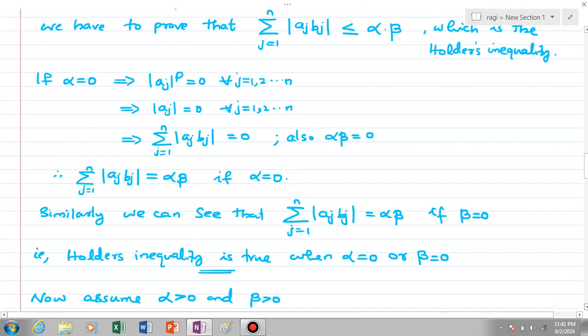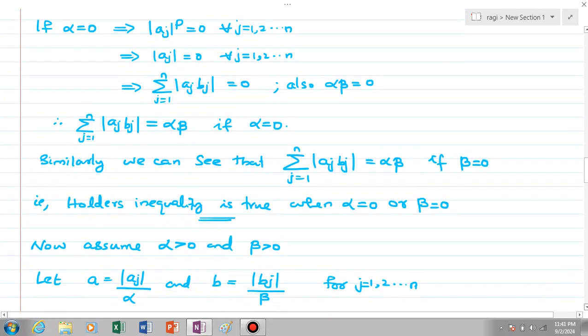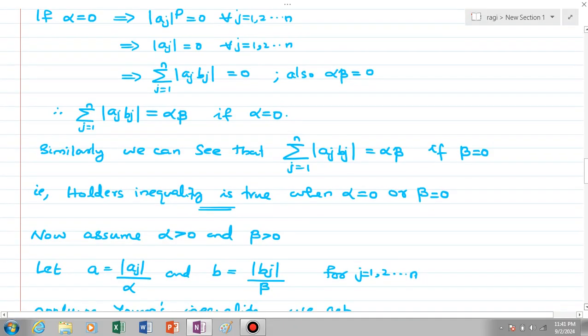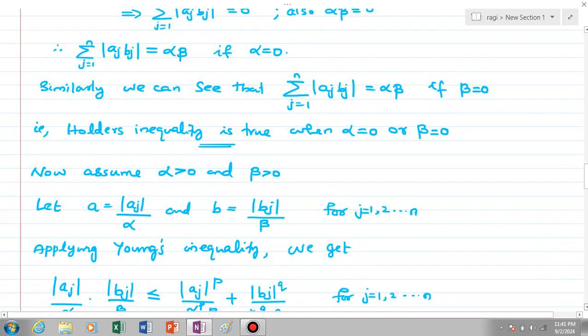Now consider the case alpha and beta are greater than 0. Then also we have to prove the Holder's inequality. So now we are going to apply the Young's inequality.